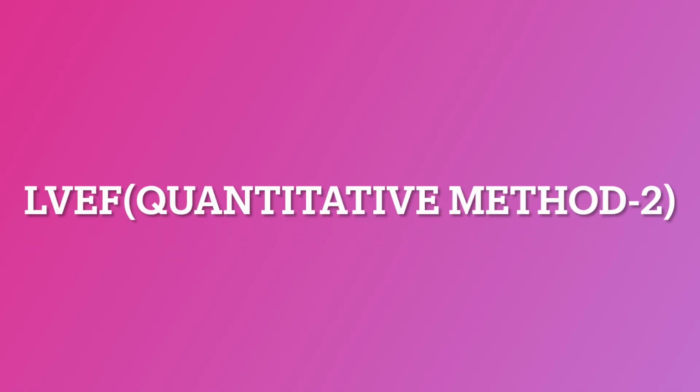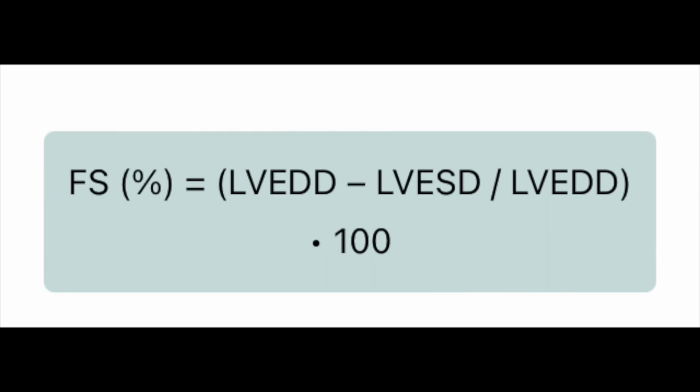So another quantitative method to calculate the ejection fraction is to find out the fractional shortening, and this is the formula for fractional shortening.